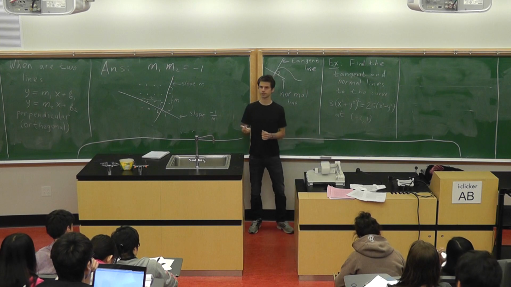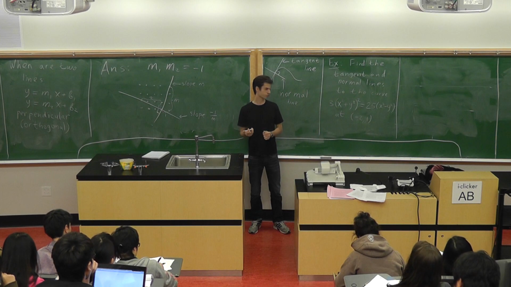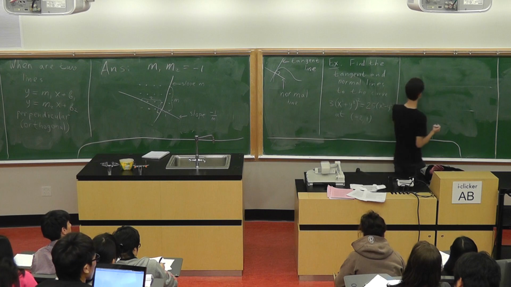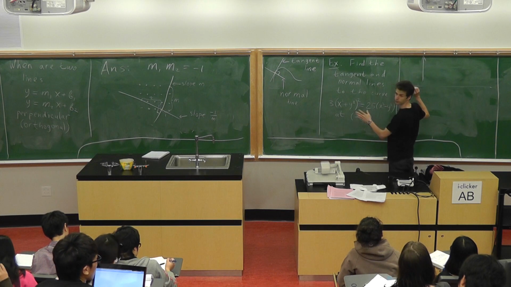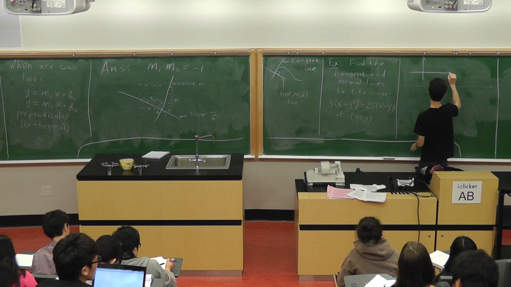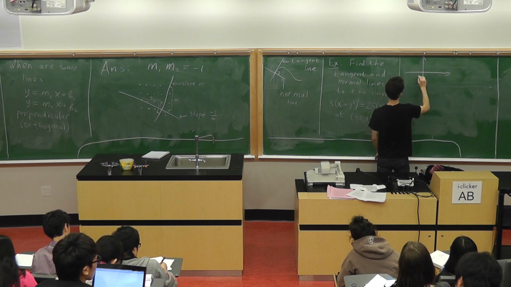Maybe just to have a picture on the board, I'll sketch how this curve looks like. It's not required for solution of the problem, just out of curiosity. It looks like this.